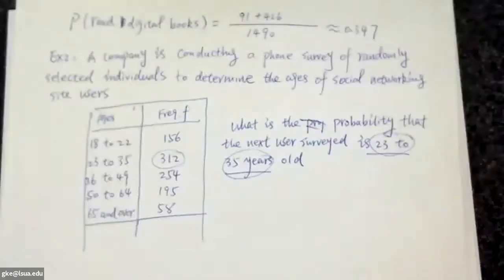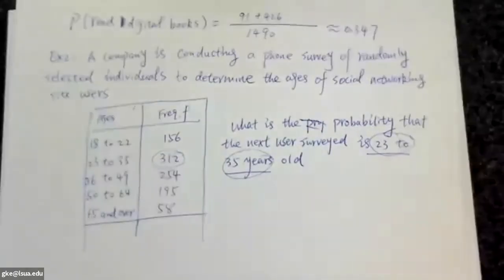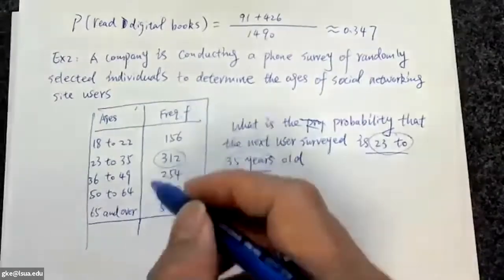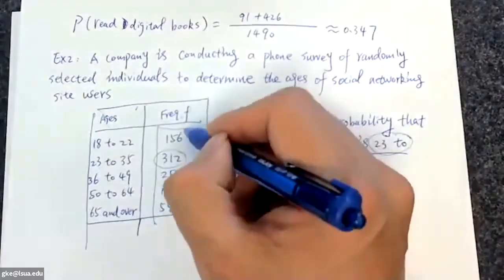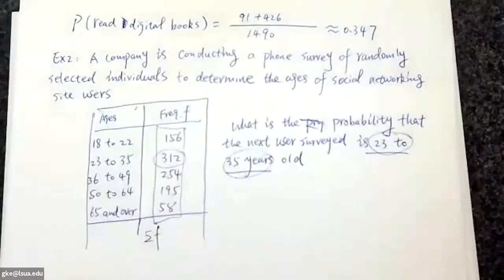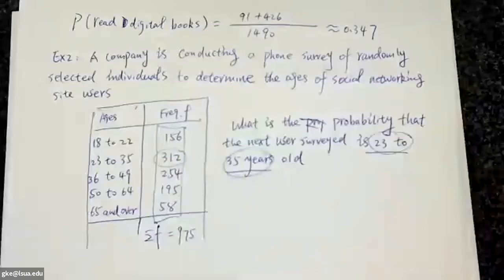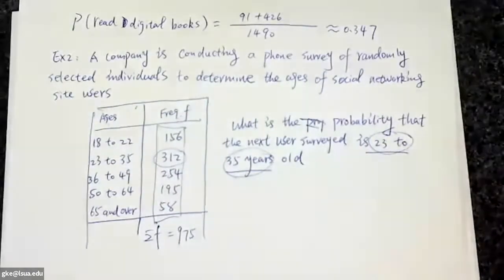And the denominator is the total frequency, the summation of all these frequencies. You're going to get 975. I'm very glad I have a very smart student. You did a very good job.